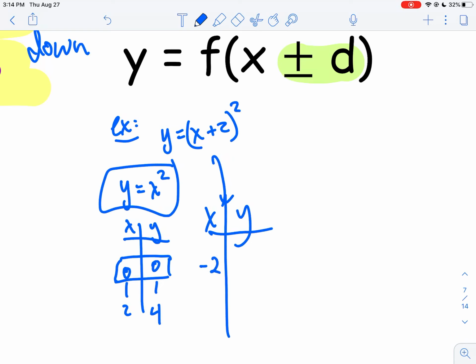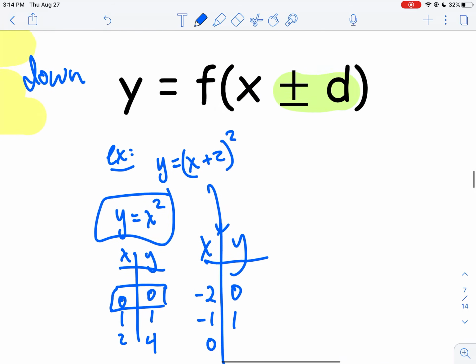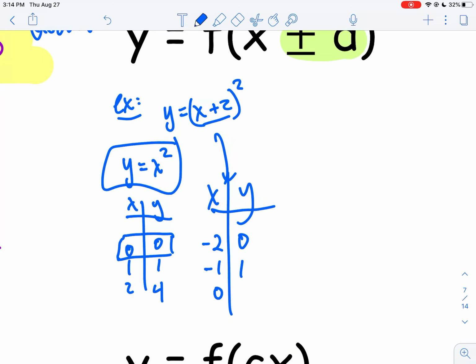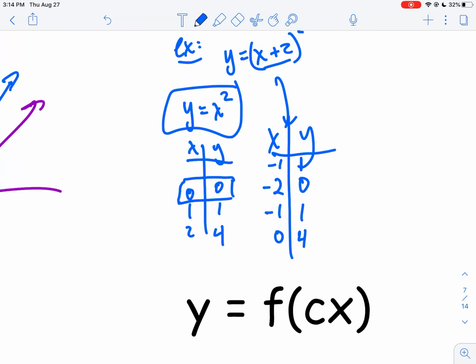You see I have to put negative 2 in, plus 2 is 0, 0 squared then is 0. And then negative 1, plug that in, I get 1, which is 1 squared, which is 1. Plug in 0, now I get 0 plus 2, which is 2, squared is 4. If I plug negative 1 in, I'm going to get positive 1. So I don't know if this makes sense to you, but over here, 0, 0, over 1 up 1, over 2 up 4.